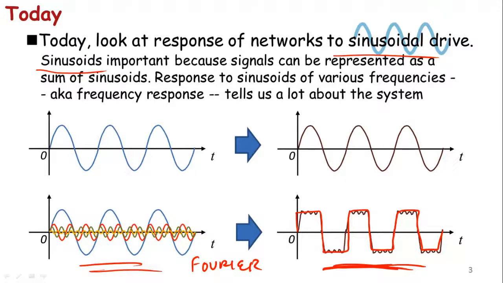Of course, my circuit has to be linear, and recall, for a linear circuit, if I take a sum of a set of inputs, then my output will be the sum of the corresponding set of outputs. So therefore, if I want to figure out the response of my circuit to a square wave, and I know the behavior of my circuit to a sine wave of a given frequency, then I can compute the behavior of the circuit to the square wave by simply adding up the responses of that same circuit to all of these sinusoids.